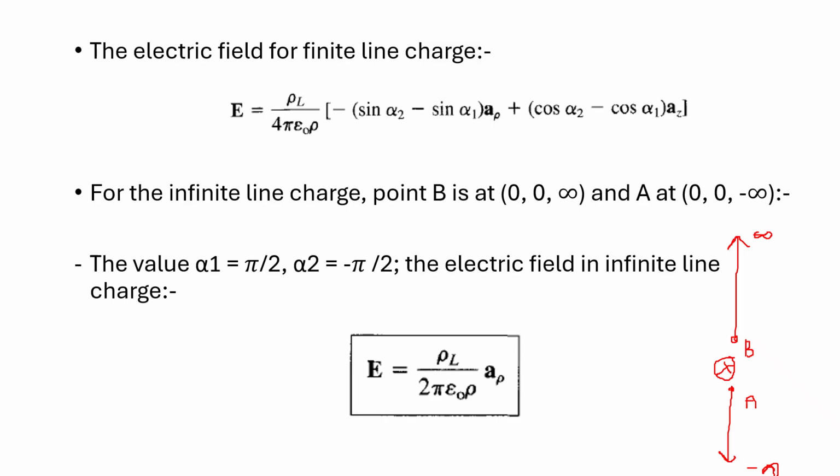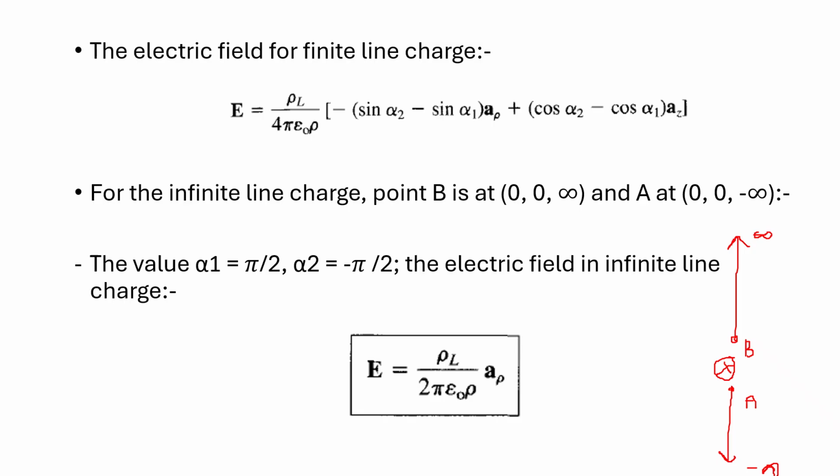When you substitute into this term, you get the electric field for this infinite line charge: rho L, the line charge density, over 2 pi epsilon naught rho, with the rho vector.